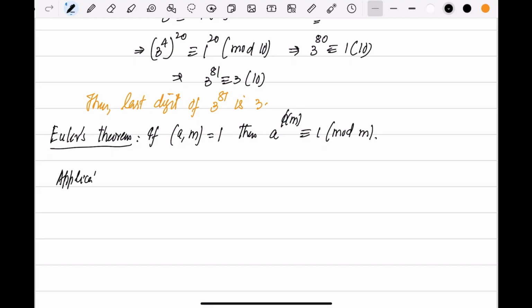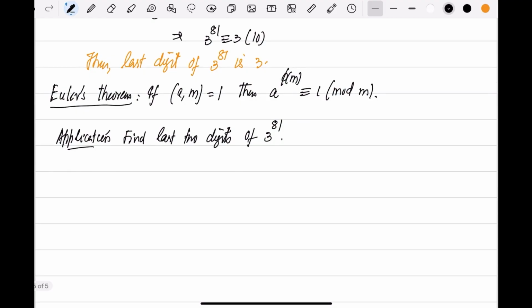Now we have a similar application for Euler's theorem. We can easily find the last two digits of 3 power 81 using Euler's theorem. So in the solution we have to find a such that 3 power 81 is congruent to a modulo 100.